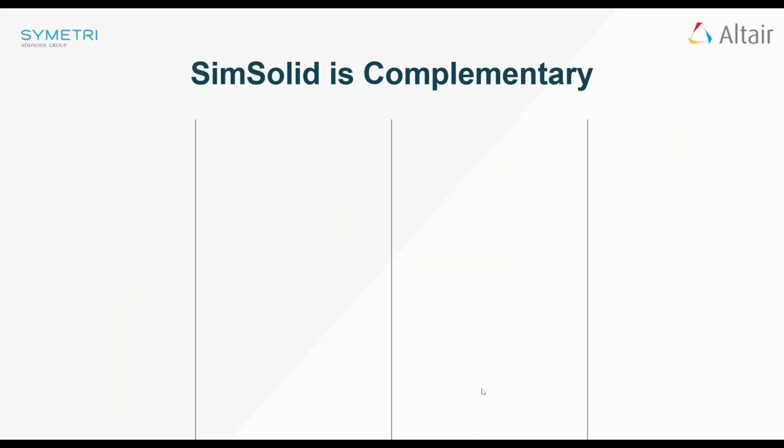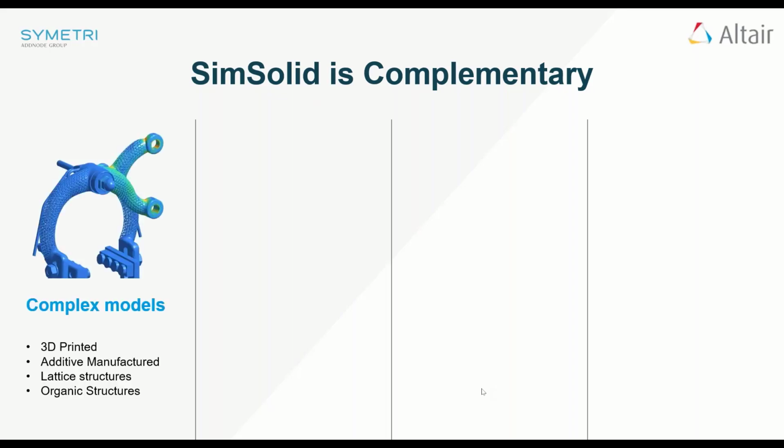When we approach customers like yourselves, we are aware that we have trained you on Nastran and SolidWorks. We do not want you to replace them. So where are the biggest benefits? One of the applications is complex models. These could be, for example, 3D generated parts or additive manufactured parts, and something like this is almost impossible to analyze in traditional software like Nastran, SolidWorks, and ANSYS because of the complex details.